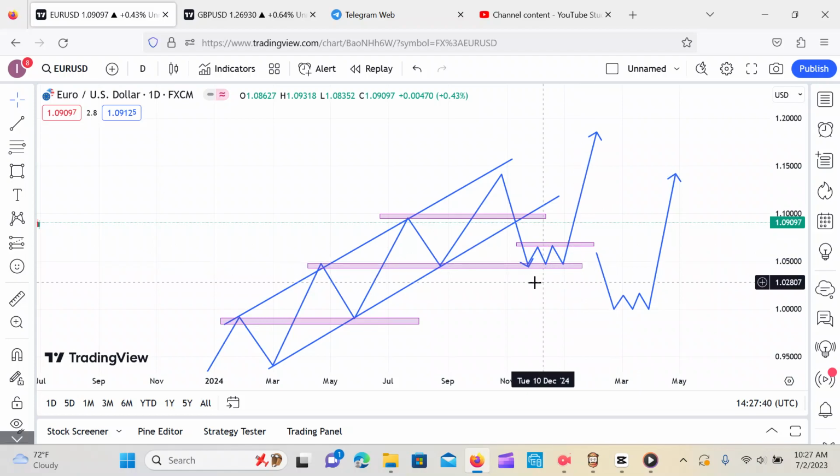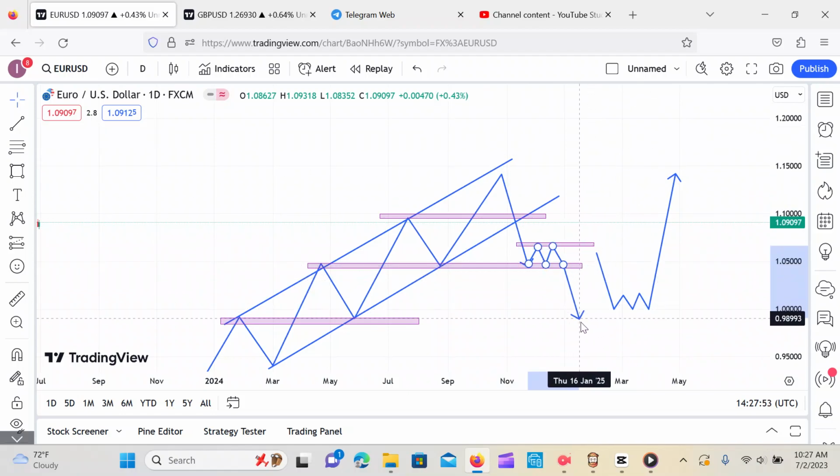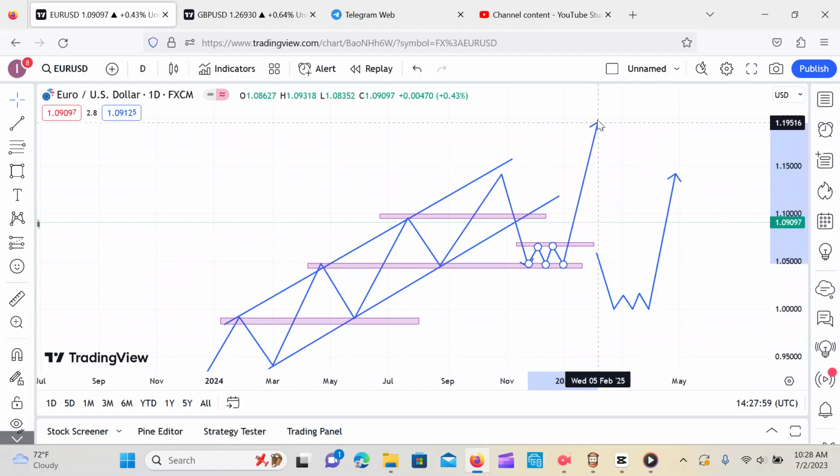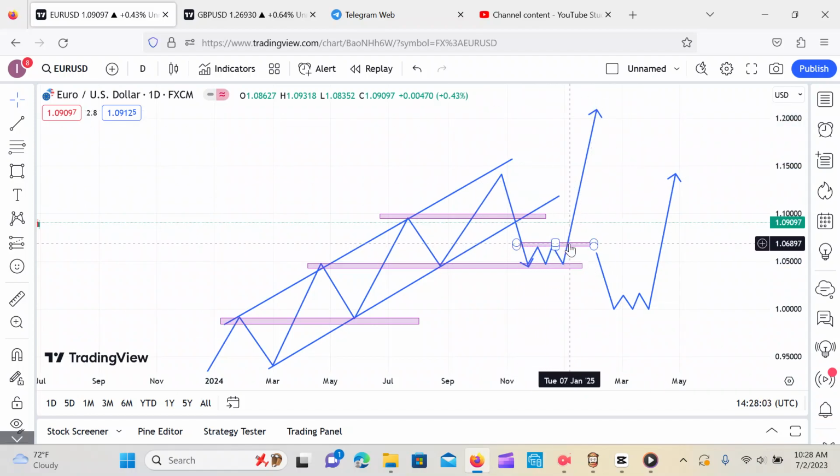Your confirmation, if you can't make entry from here, because in some situations I wouldn't advise you to make entry from here anyway, because price might make this consolidation and break to the downside to continue its movement. But in this scenario, you mark these little highs.